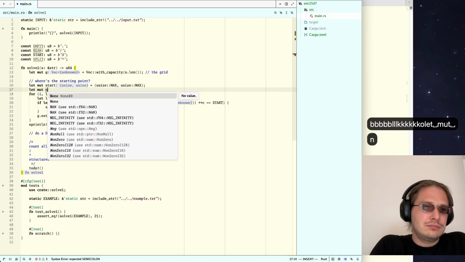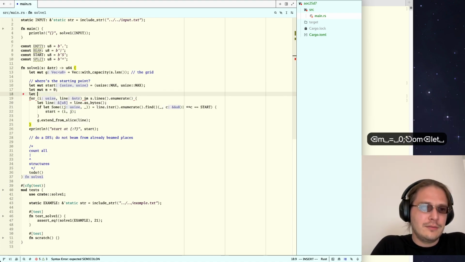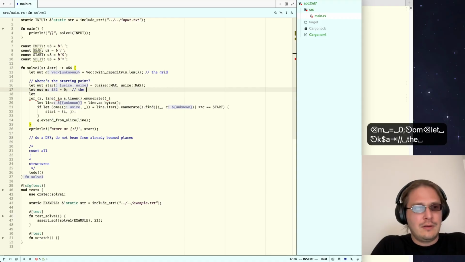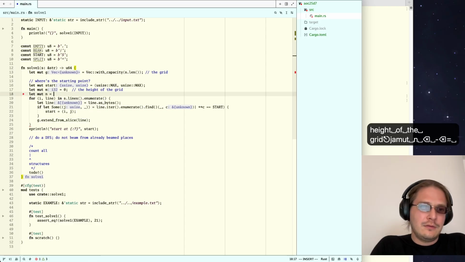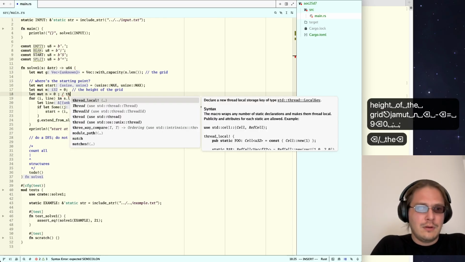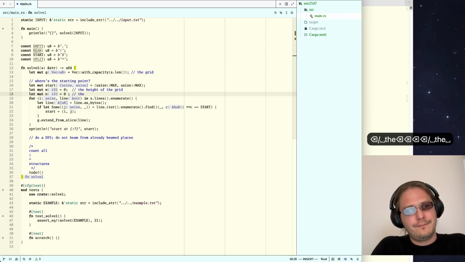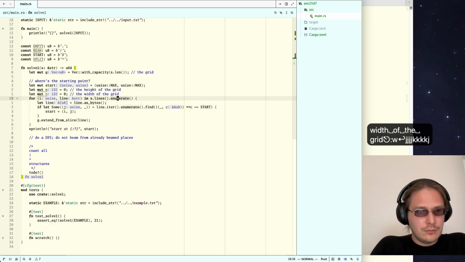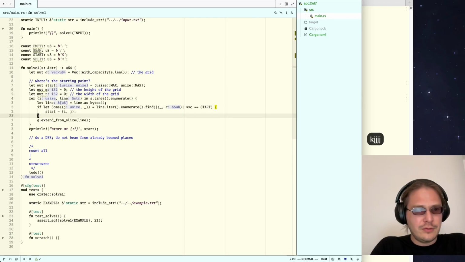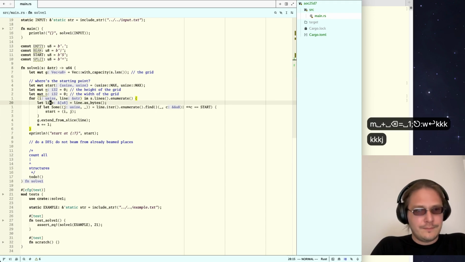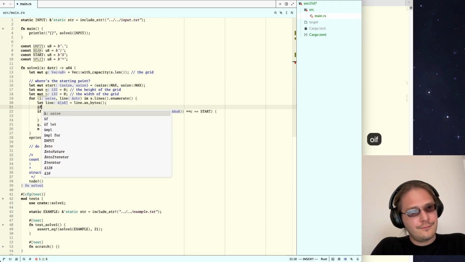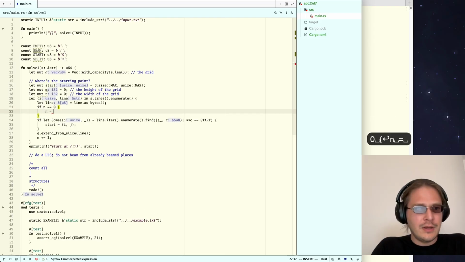Let's mute. What do we need to know? The title of it, and let mut n is 0. So each time there is a new line, m gets incremented, and if n is 0, then n becomes line length.